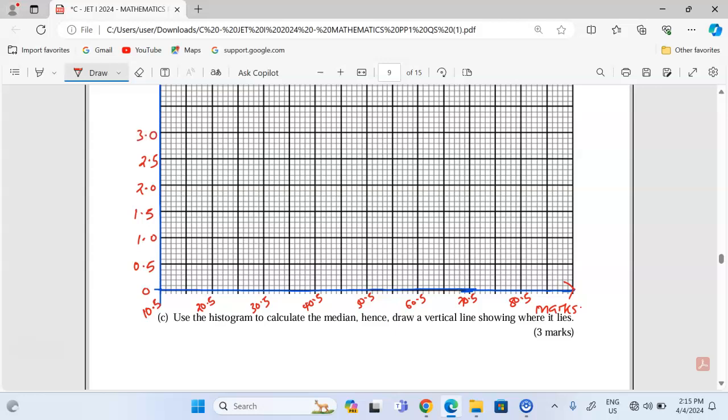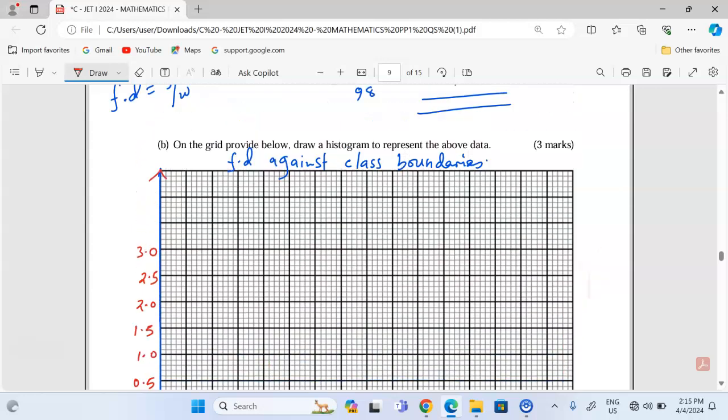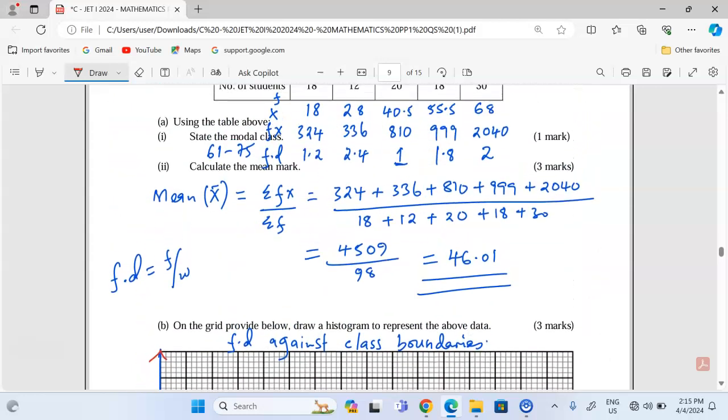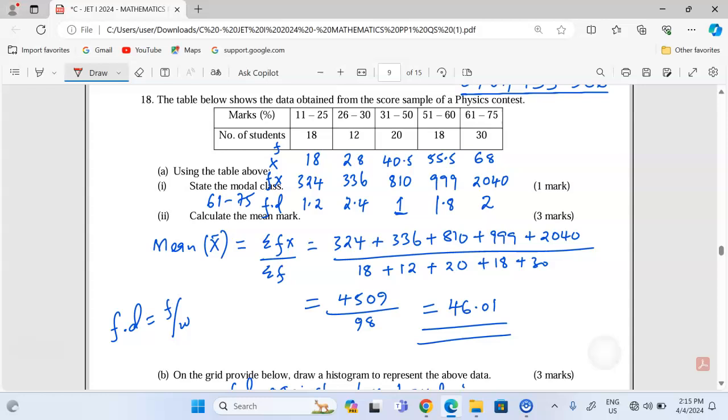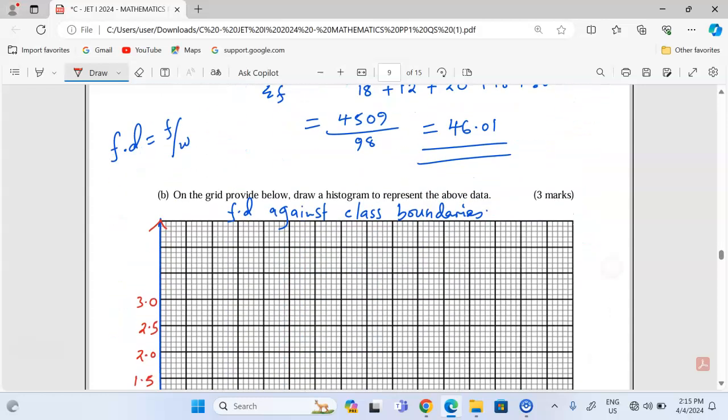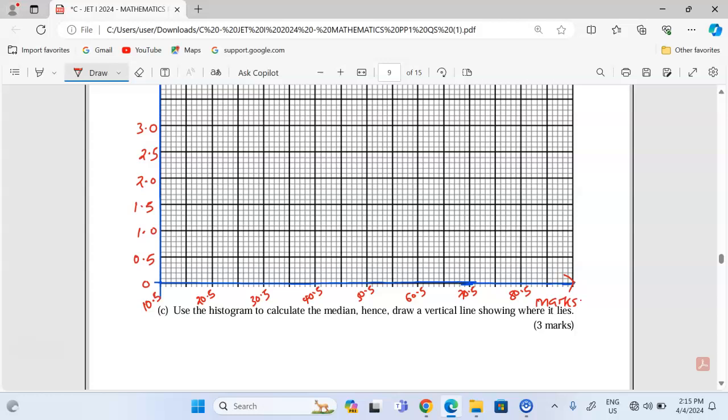Now let's start plotting. The first class is from 10.5 to 25.5. If this is 20.5, then 25.5 will be at this point.